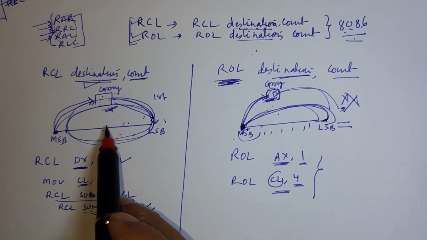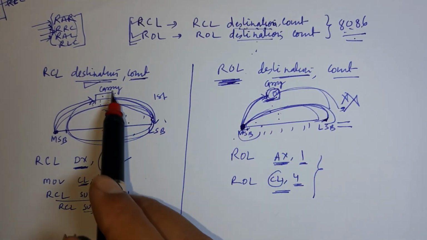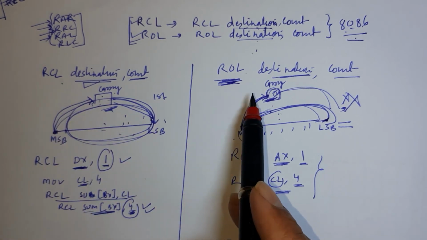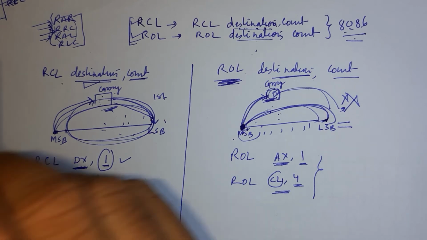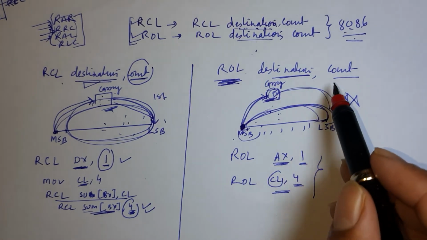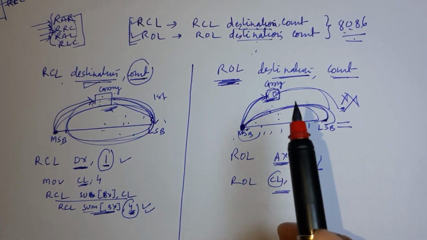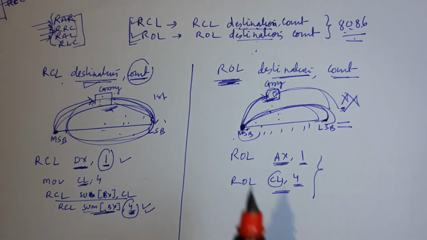So you can see the difference between RCL and ROL from these examples. Both rotate left by the number of count given, and destination, as we already told you, can be a register or memory in both cases, and count tells us how many times you want to rotate. Whatever value of count you give, it automatically rotates that many times.